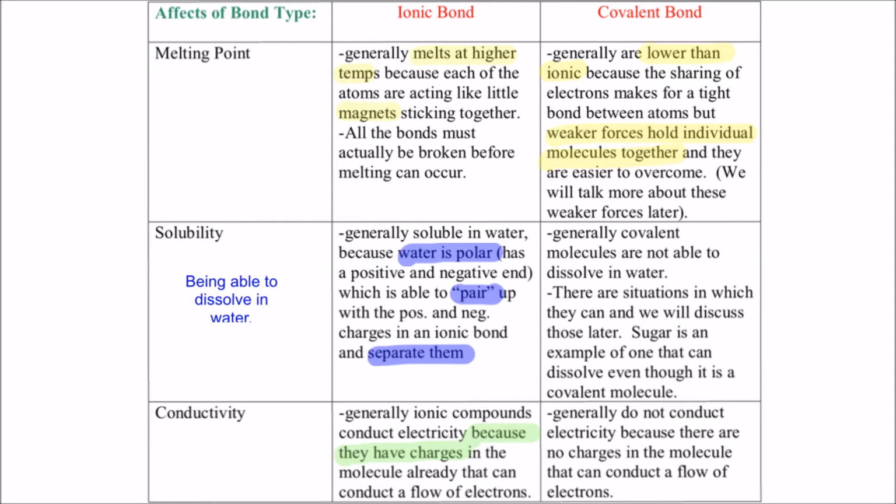Now, the electrons that bond covalent molecules together are strong, but the forces that hold entire molecules together are weak. And so, because of that, they have a lower melting point than ionic bonds do. We're going to talk about what these weak forces are called in a later video.